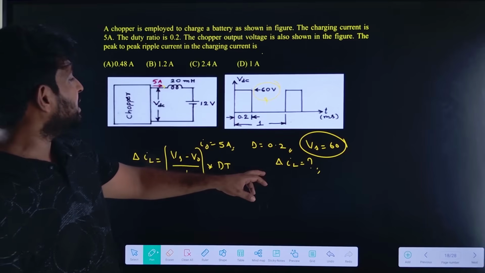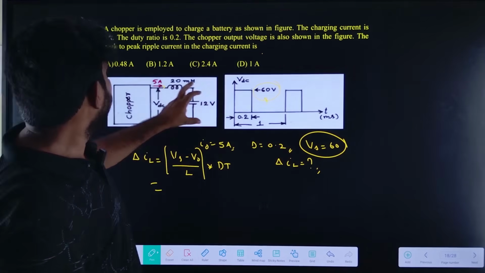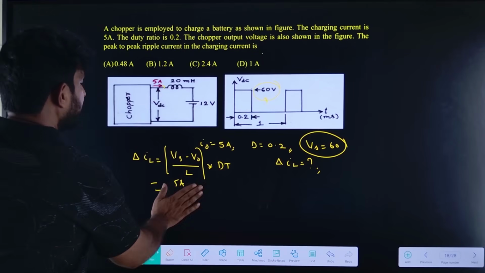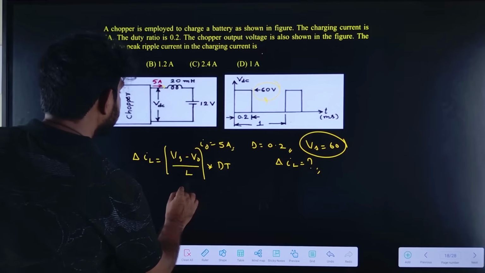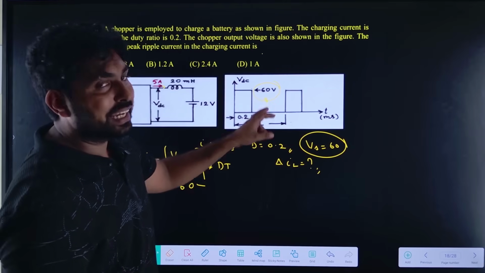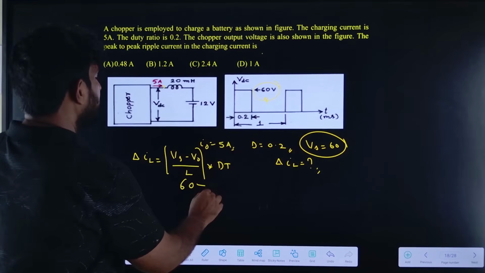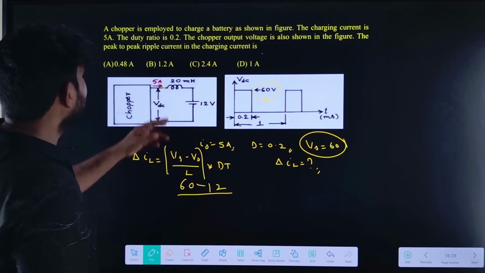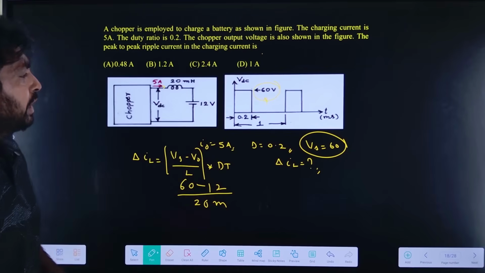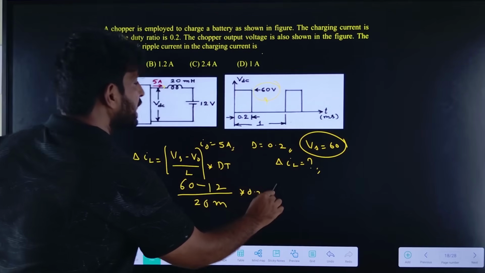So Vs is 60, minus V naught, into the duty cycle: 60 into 0.2 is equal to 12, divided by L, which is 20 millihenry, into duty cycle 0.2, into time, given as 1 millisecond.